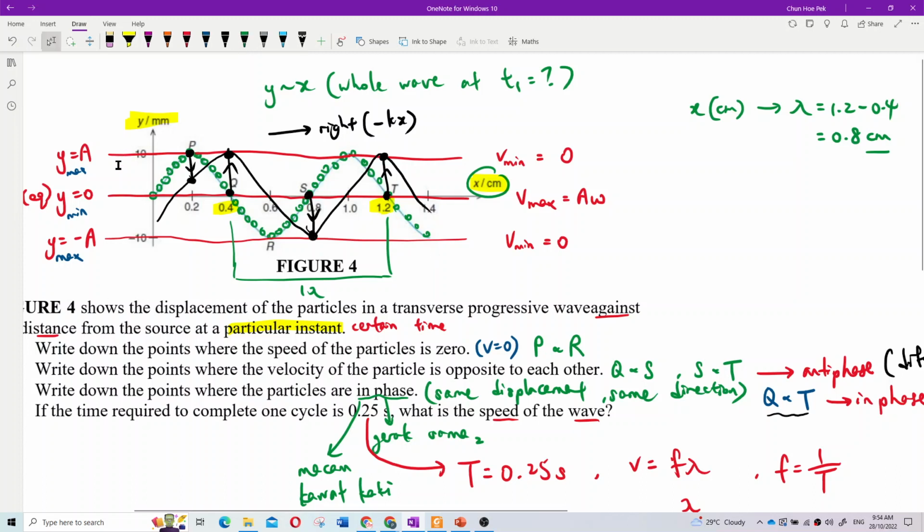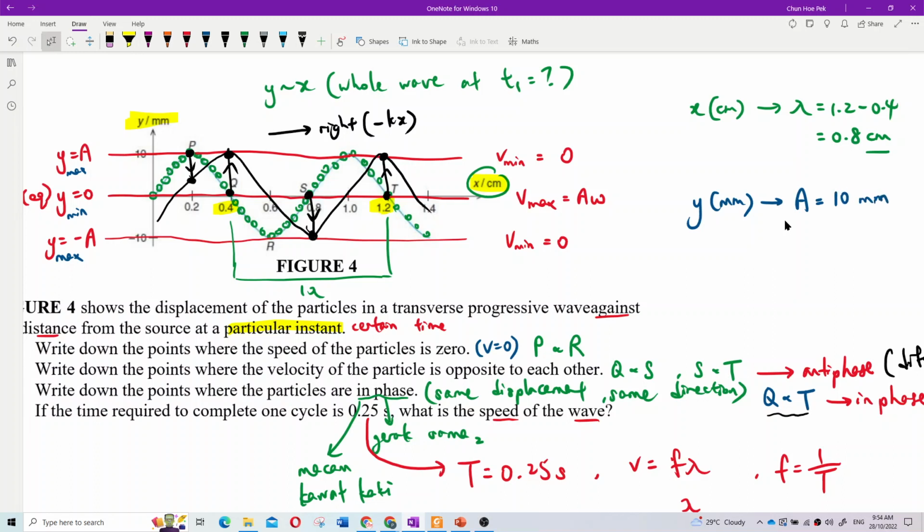Kalau amplitude, amplitude kena tengok Y kan? Dia dalam unit milimeter. Lain dia punya unit. Hati-hati. Soalan ni tak tanya amplitude, tapi kalau tanya amplitude, dia kena bagi unit milimeter, bukan sentimeter. So amplitude dia ialah 10 millimeter.